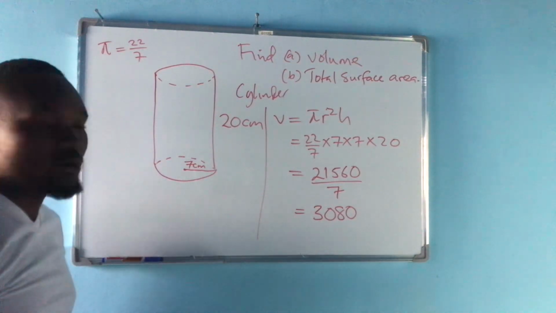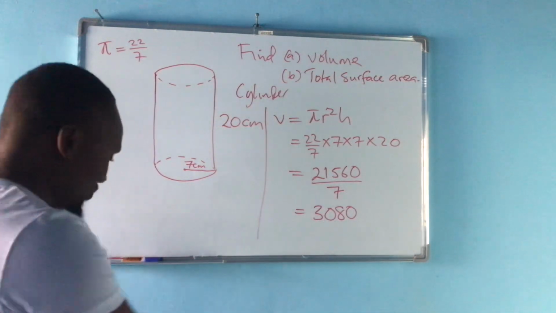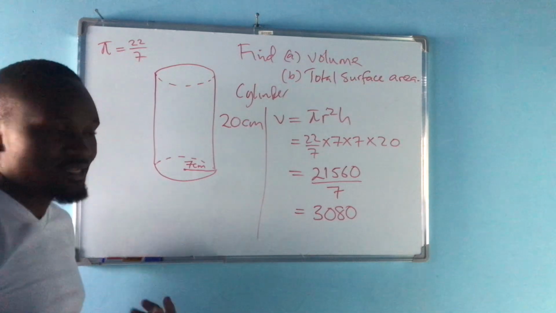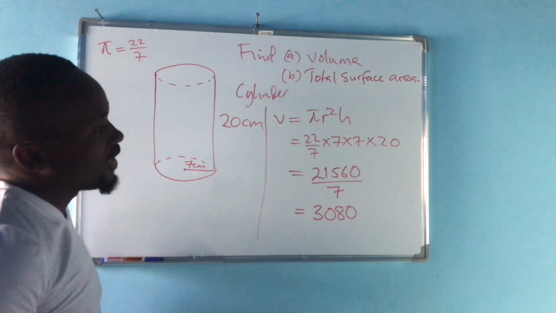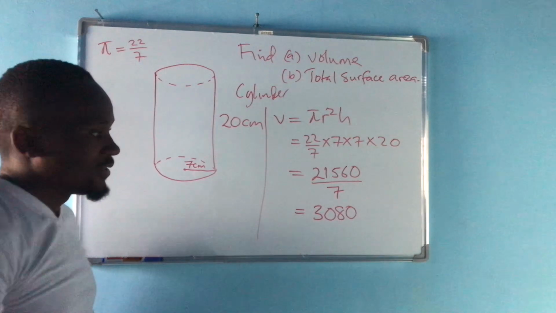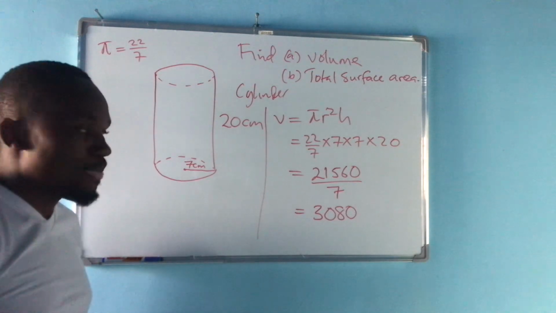Once we have this, you don't leave your answer like this. Why? Because I might not know what you're saying. Maybe I would think these are apples or something. So the units are very important. Once you're done finding the volume, it's very important that you indicate the units. Is there anyone with an idea what kind of units we need to use there?